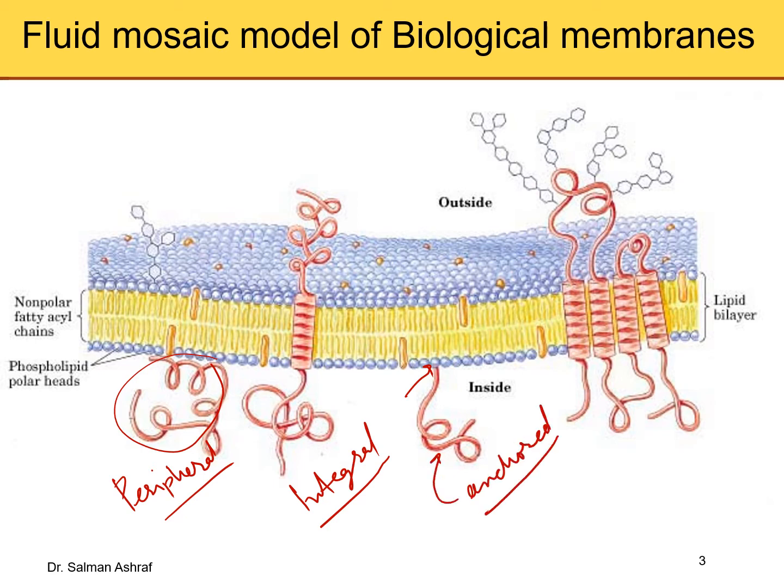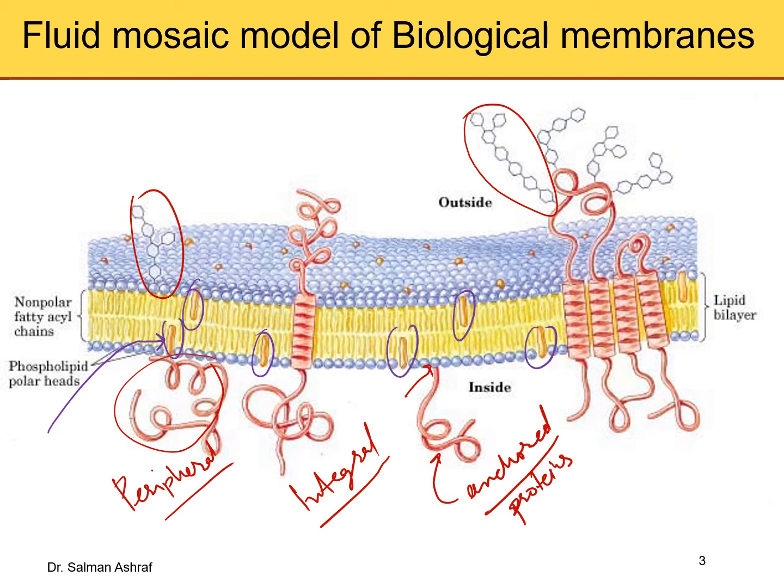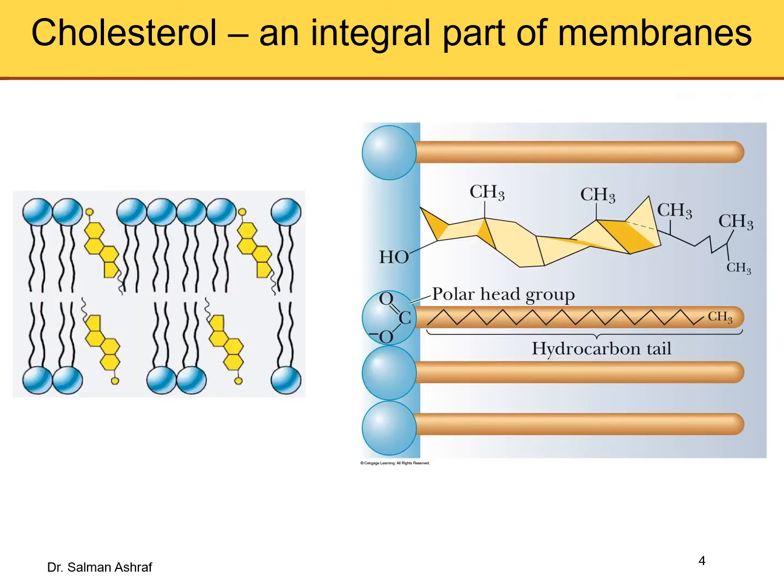And of course you have glycolipids and glycoproteins. But also, interestingly and shown nicely here, are these guys. What are these? If you look carefully, these look like lipids, and in the next slide it's shown properly.